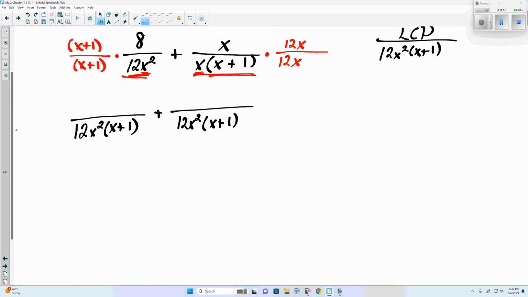Questions on this here? Well, we also have to multiply the numerator by x plus 1 on the left and 12x on the right.